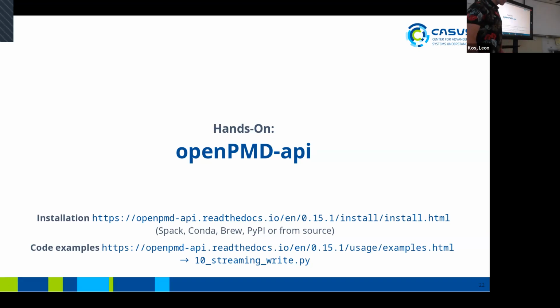openPMD API is not stopping you from tweaking the backend you're using behind it. If you use ADIOS2, you have a lot of possibilities. You can enable compression. You have many compression libraries integrated, lossy compression and lossless compression, and parallel compression, and you can use Zstandard from Facebook.